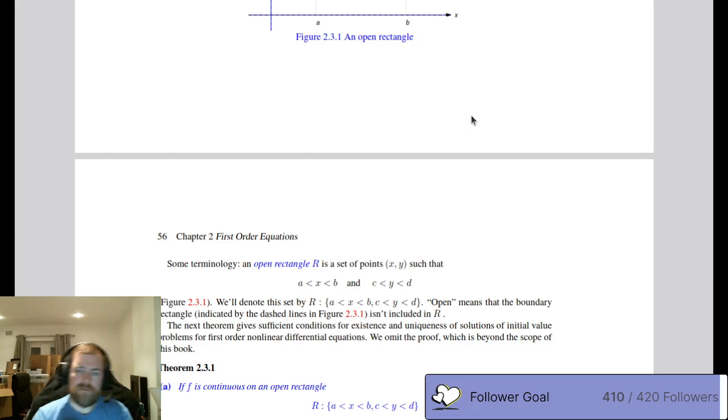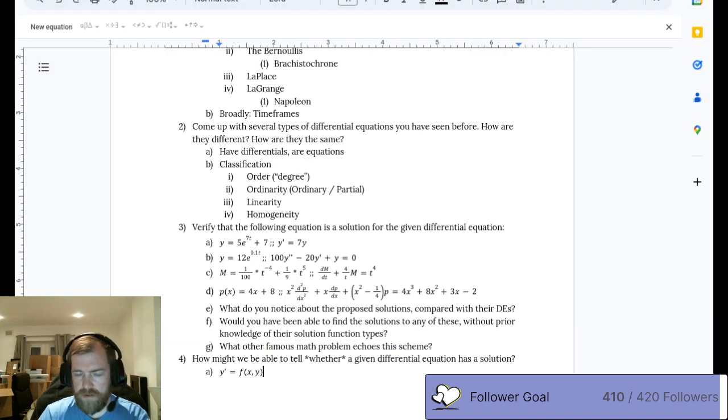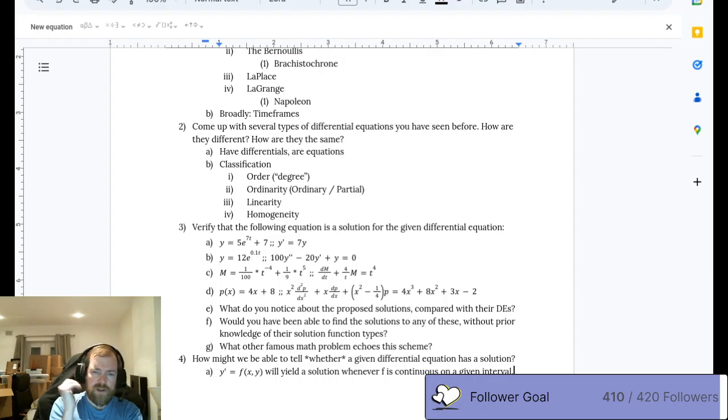Okay. So we have to have y prime equals f of x y, since we can discuss this as being like, you know, the slope of this particular function that we're trying to find.